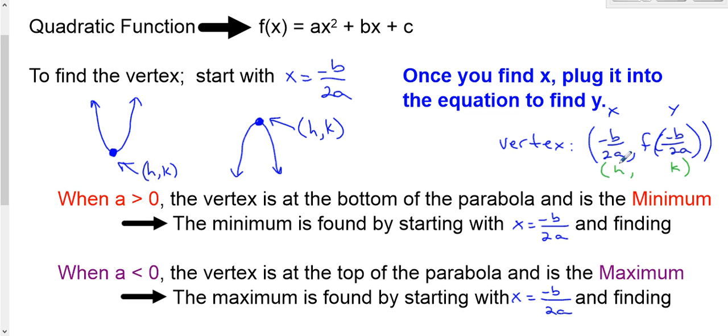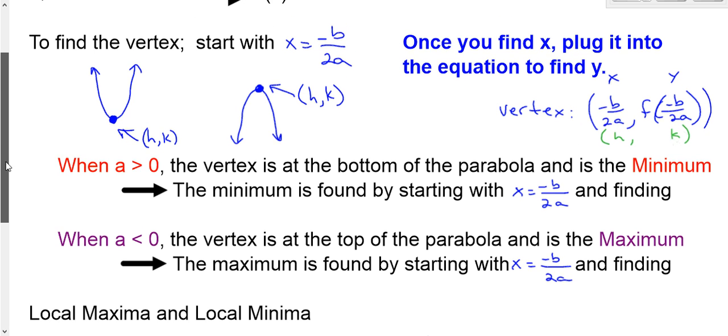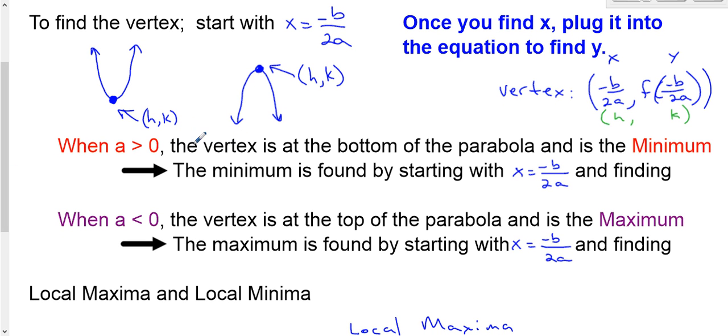So the x value of the vertex is h, and the y value of the vertex is k. A couple things to know about the vertex of a parabola: when a is greater than 0, the vertex is at the bottom of the parabola, and the vertex is the minimum of the graph.